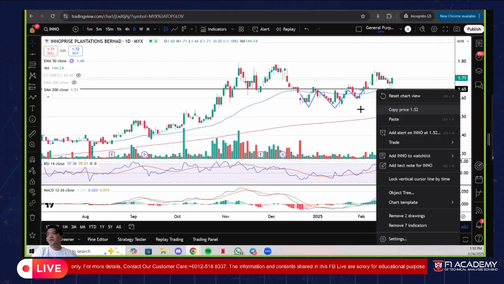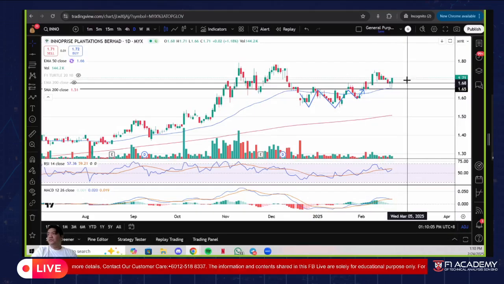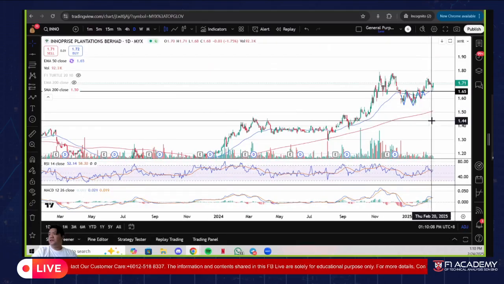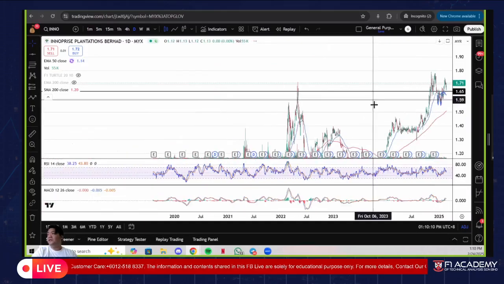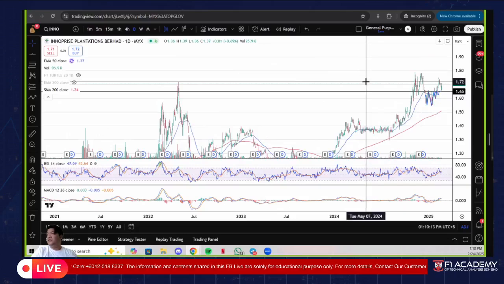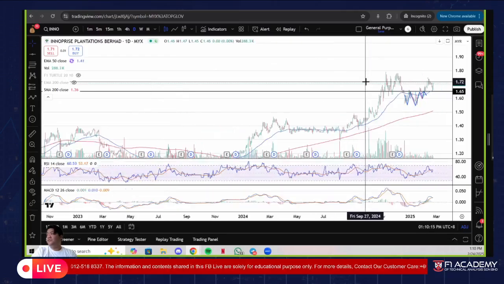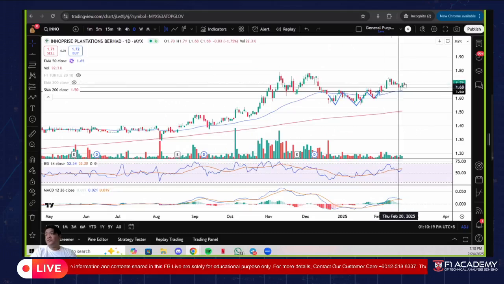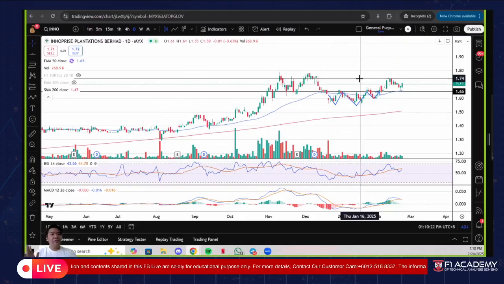But you can see there's an old level here, so you want to be careful. It has retested a few times already and can't really go past the level. But it's bullish, so the stock's good.